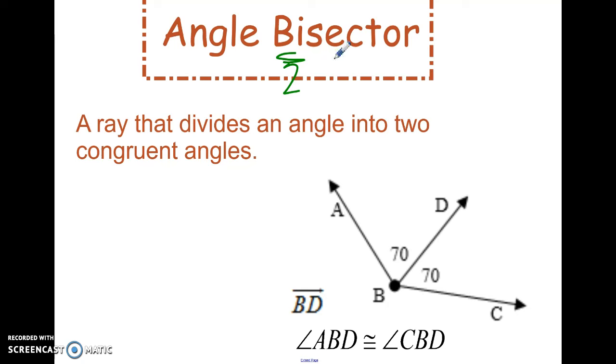Sector is just sections. So the angle bisector divides it into two congruent sections. That's number 12. And then number 11 is congruent angles. Angles that have the same measure are congruent.